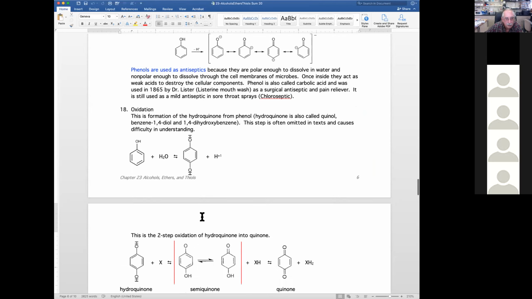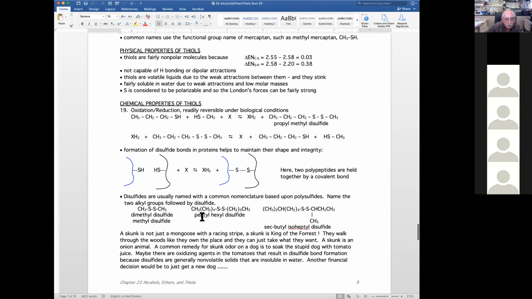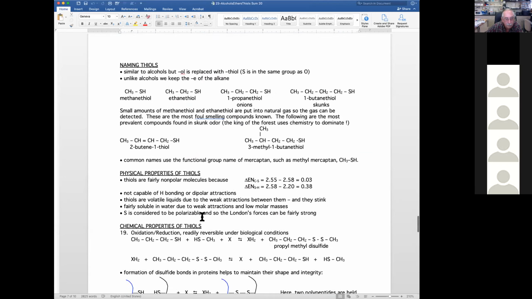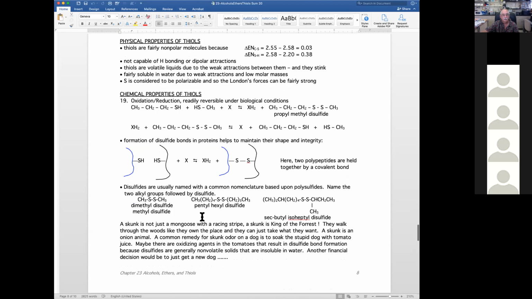So let's see, that's 18, that's oxidation. 19, disulfide formation. So for exam 1, you have 19 chemical reactions to know about. Okay? Reactions 1 through 19.